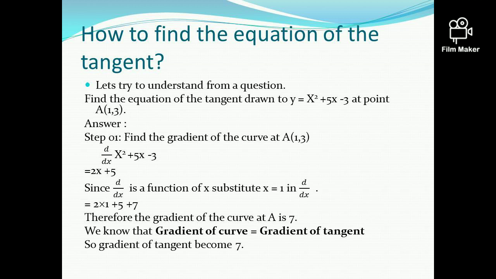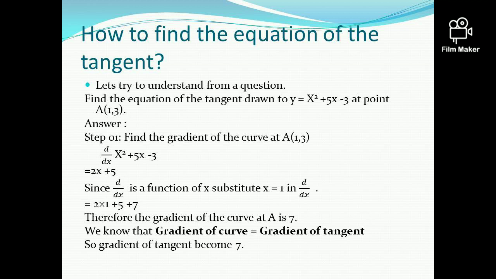How to find the gradient of a curve? The simple theory is, to identify the gradient of a curve, we need to find the differentiation. First, find the first differentiation of y equals x squared plus 5x minus 3. The first differentiation is 2x plus 5. Then, to find the gradient, we need to substitute the coordinate into that. We know that the first differentiation is a function of x.